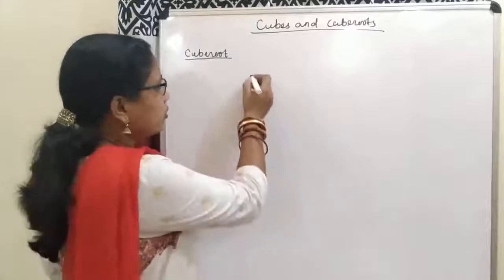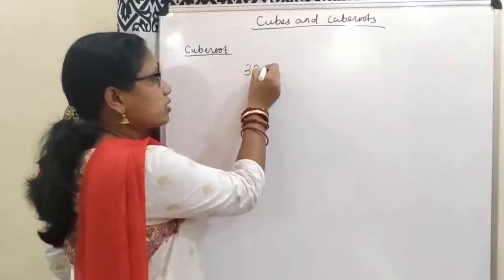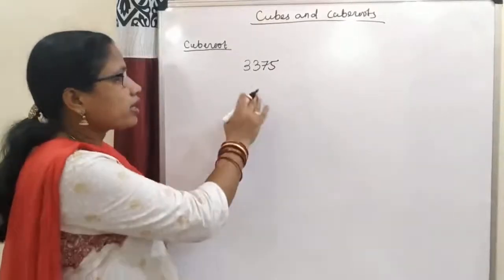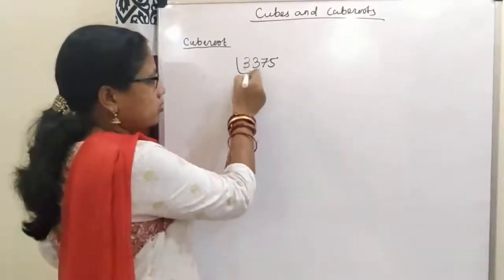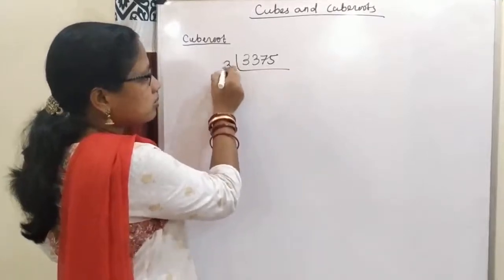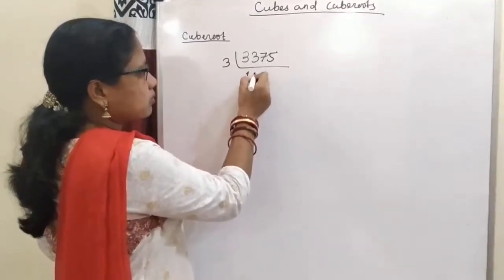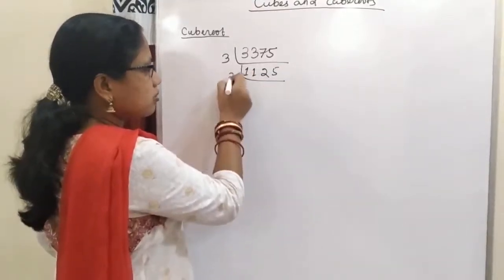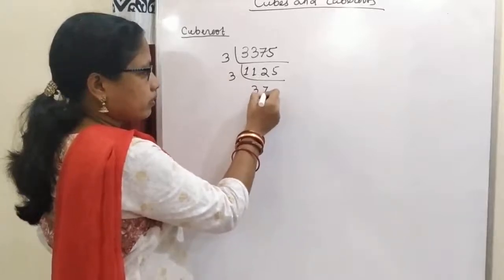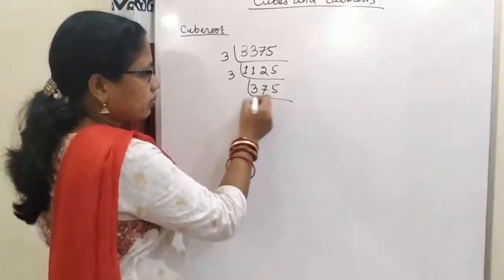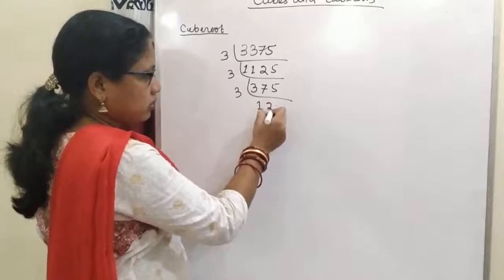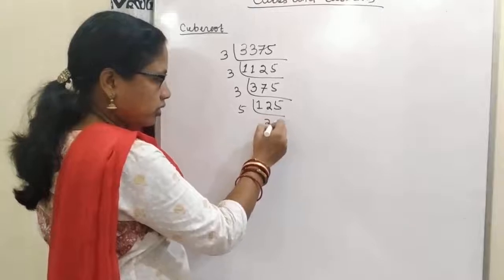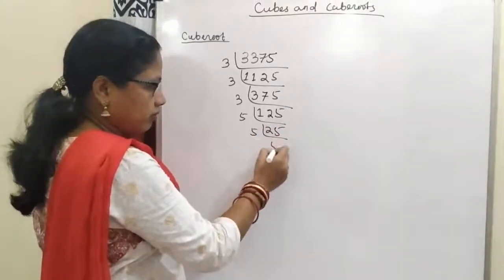Let us find the cube root of 3375. Here we have to factorize 3375. It is divisible by 3, again divisible by 3, then 3. 3 5s are 15, then 5, this is 25, then 5 5.